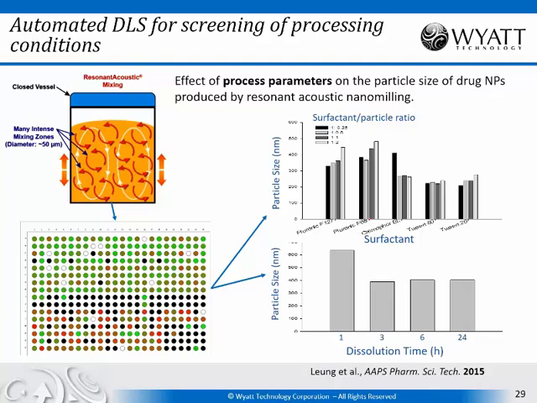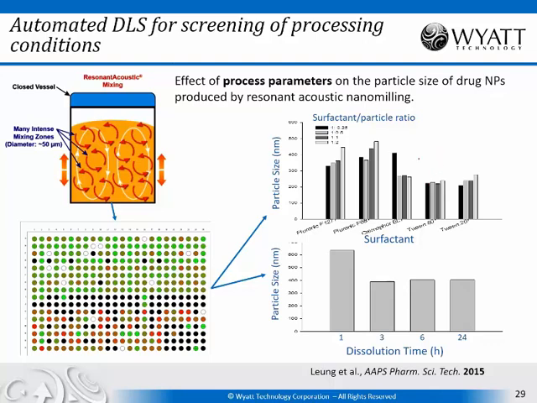And so you need to determine the right conditions in terms of which surfactant to use, what is the right ratio of surfactant to particle, and how long do you need to perform this nanomilling in order to get the right size of nanoparticle. And the desired size was about 400 nanometers. And you can see that, actually it's probably lower than that, it's maybe 200 nanometers.